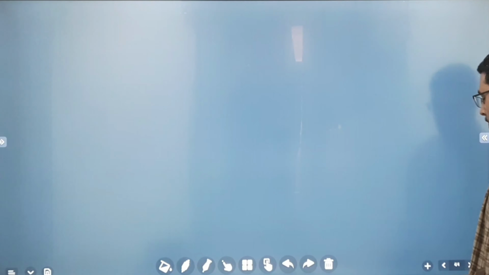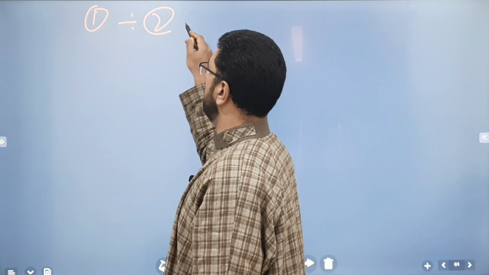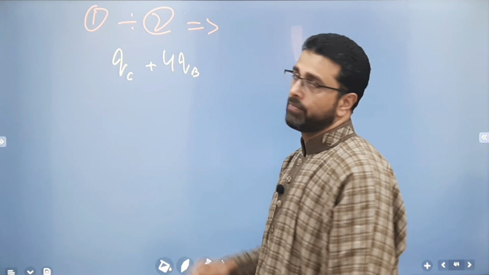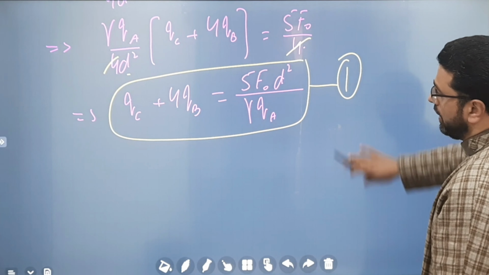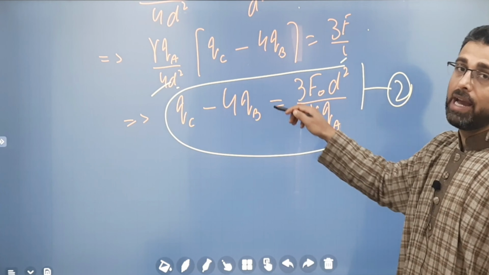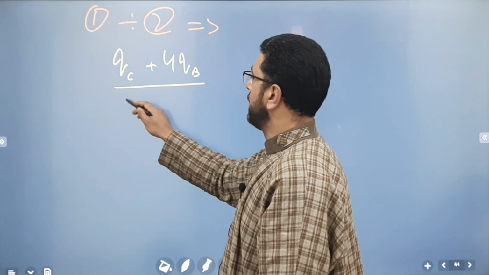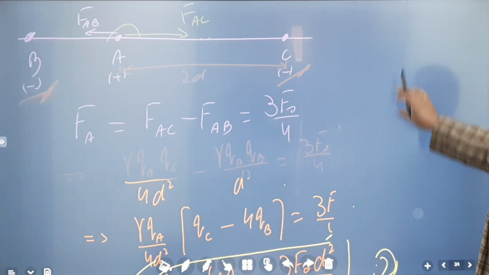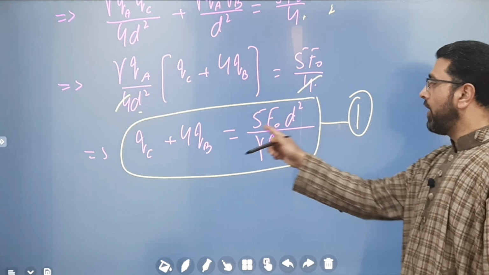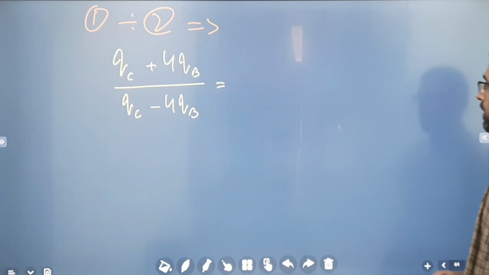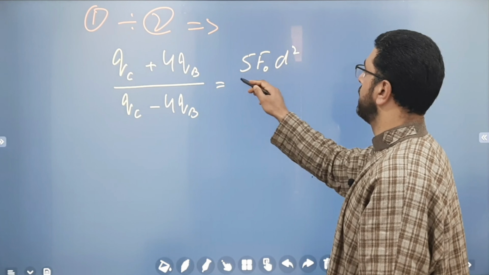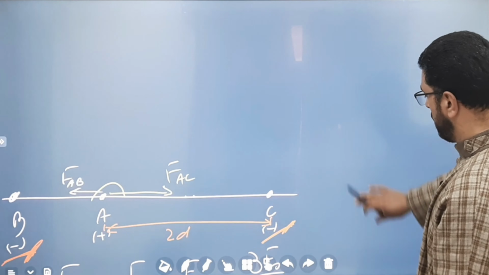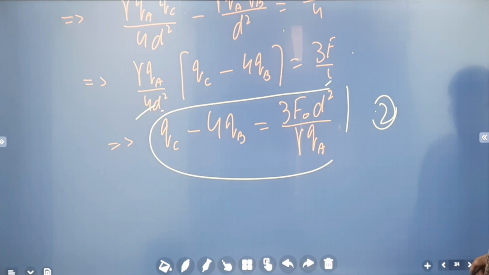So we'll divide 1 by 2. 1 divided by 2 implies the left hand side of 1, QC plus 4 times QB, divided by the left hand side of 2, QC minus 4 QB, is equal to the right hand side of 1, 5F0 D squared divided by gamma QA, and then the right side of equation 2 is 3 times F0 D squared divided by gamma QA.